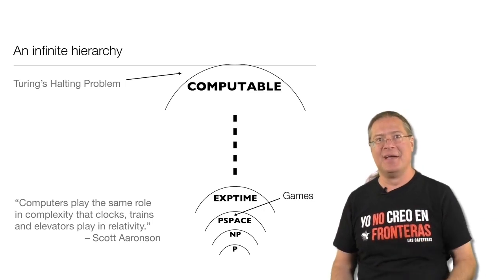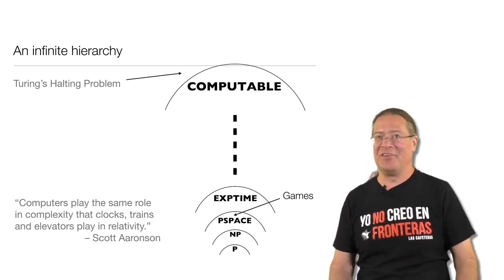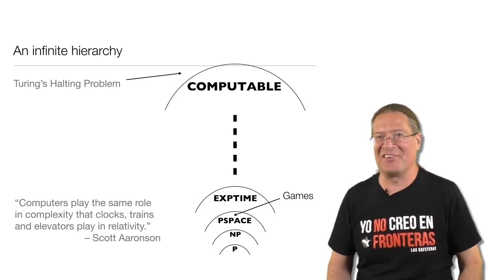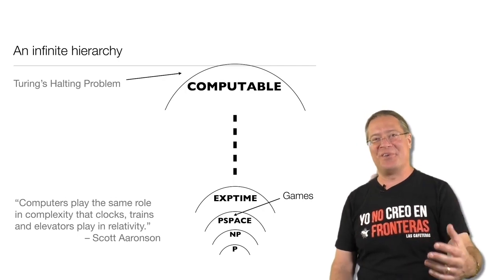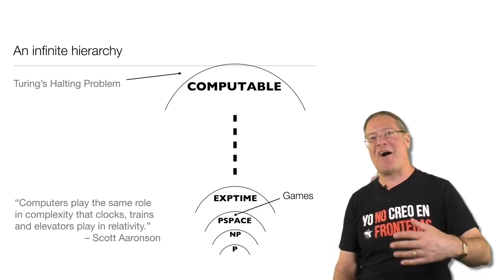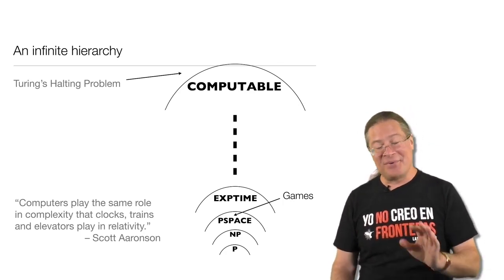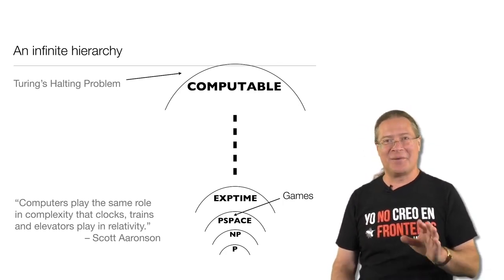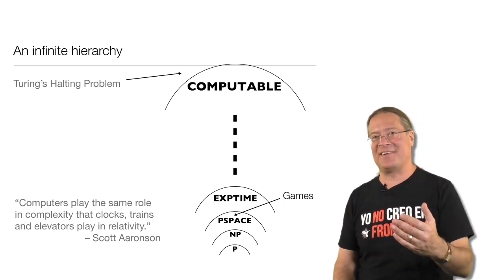And I'm especially fond of this quote by Scott Aaronson, who is very much a theoretical computer scientist, that the purpose of computers in all this is much like what we use clocks and trains for when we discuss relativity. As we said at the very outset, computer science is not the study of computers, it's the study of computation.